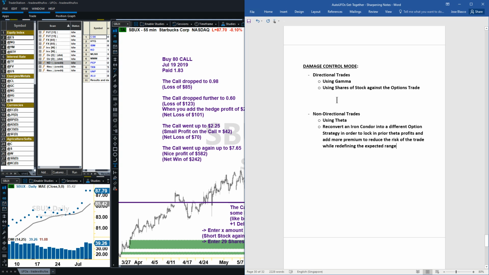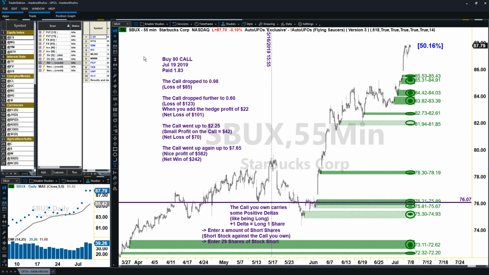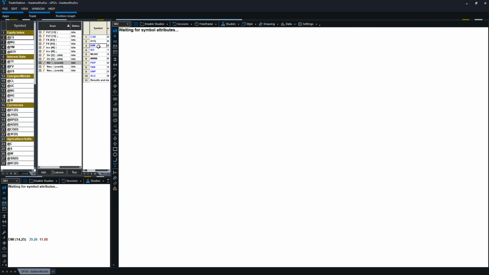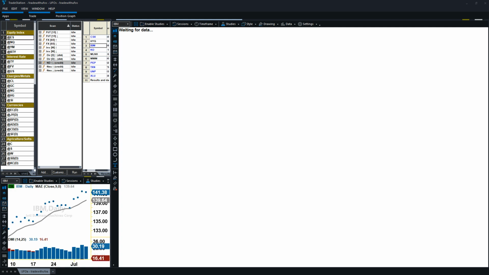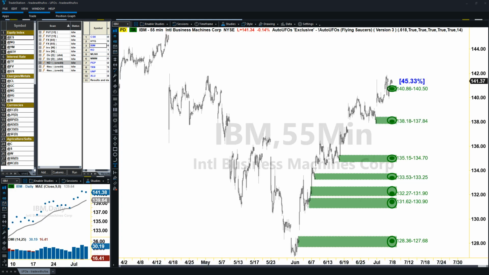Okay, so let's first pick a stock. What do we have here? We have non-directional IBM stuff. So let me see, IBM for example. Let me go ahead and look at July 17.